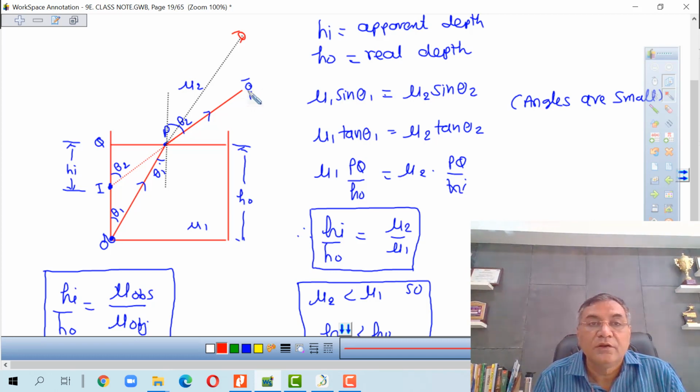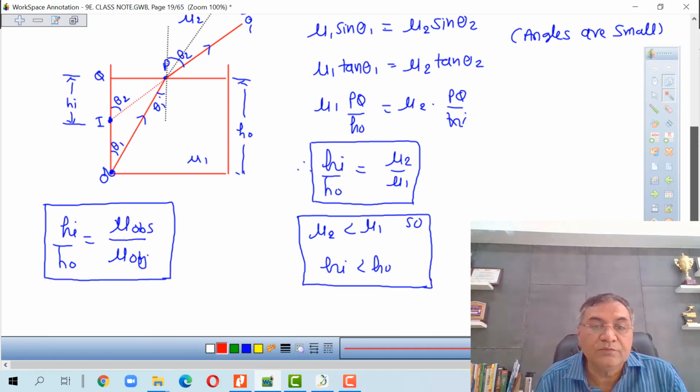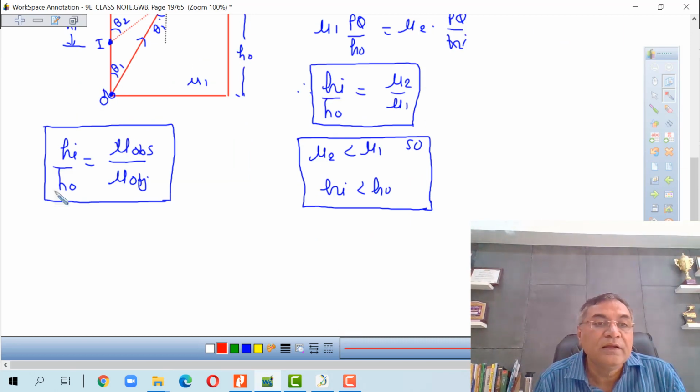So it totally depends on who is the observer, but this formula is true for any case, whether case 1 or case 2. So HI upon HO is equal to mu observer upon mu object. A very important formula. So what is the shifting? Sometimes students make the mistake that shifting is asked and we find HI. That is not to be done.